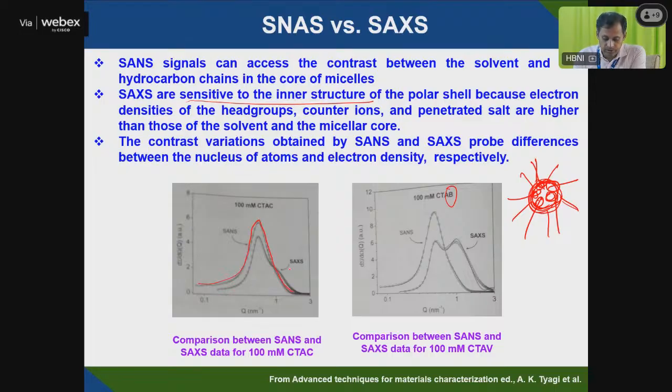But in the case of SAXS, you see two peaks coming. That means you are getting information about the outer head group in SAXS. In CTAB, when chlorine is replaced with bromine, you can see the peak almost splits into two. So you get additional information in SAXS in comparison to SANS, and you are able to get both kinds of information.